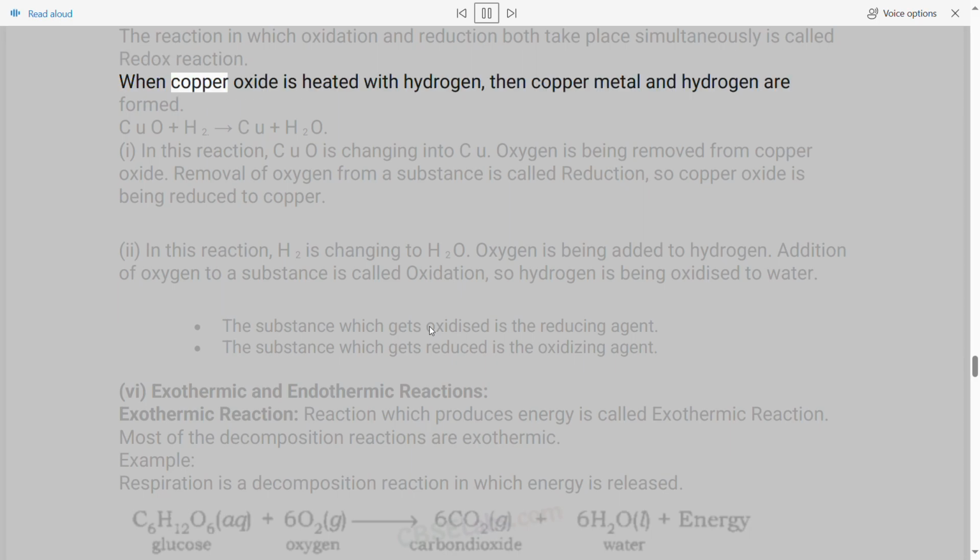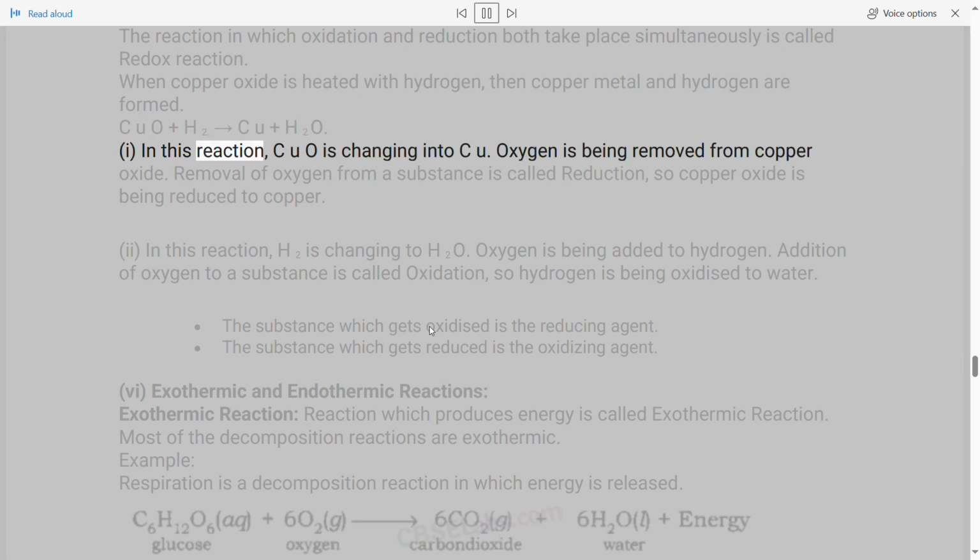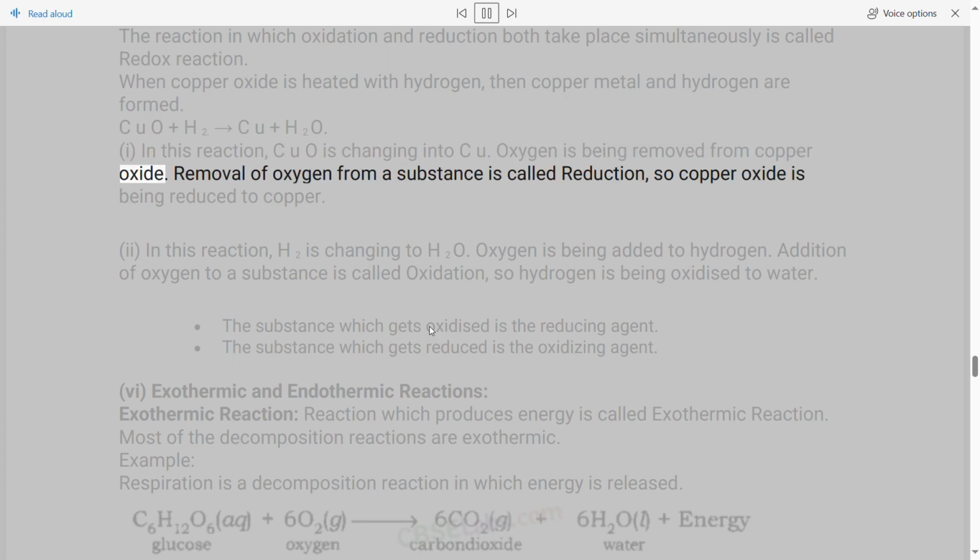When copper oxide is heated with hydrogen, copper metal and water are formed. CuO plus H2 gives Cu plus H2O. In this reaction, CuO is changing into Cu. Oxygen is being removed from copper oxide. Removal of oxygen from a substance is called reduction, so copper oxide is being reduced to copper.